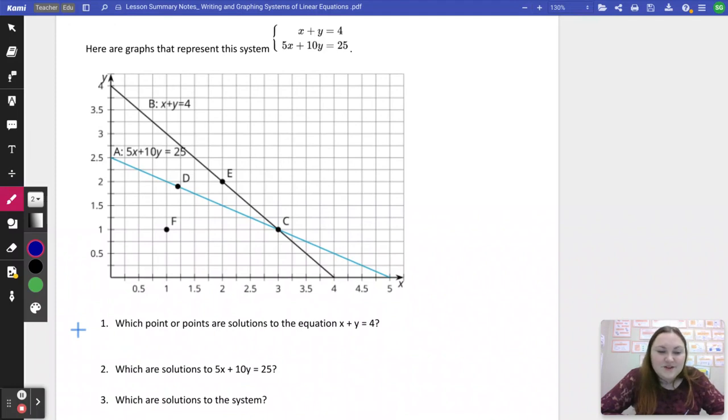Number 2 says which are solutions to 5x plus 10y equals 25. And then that last question, which are the solutions for our system of equations? Go ahead, pause the video now, because you trying this math is going to be the best way for you to see where you're at, and then come back when you have answers for 1, 2, and 3.